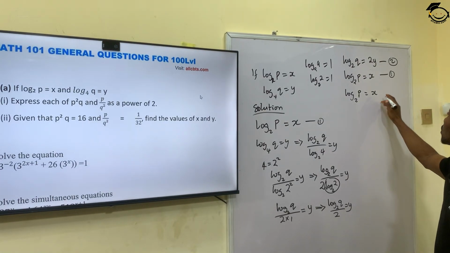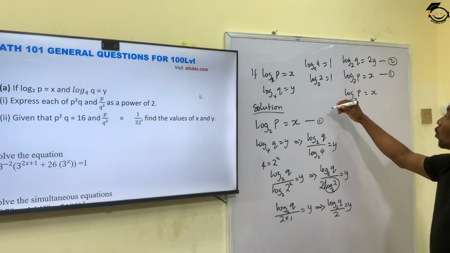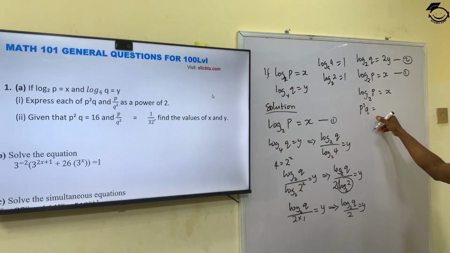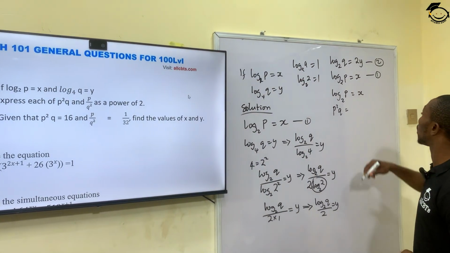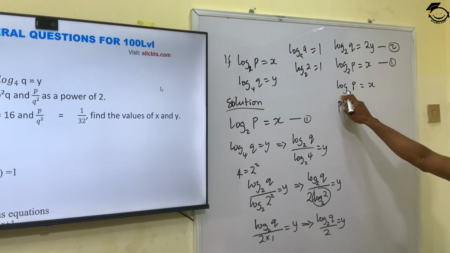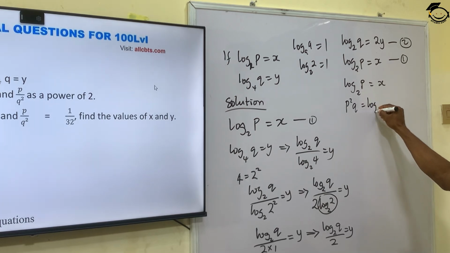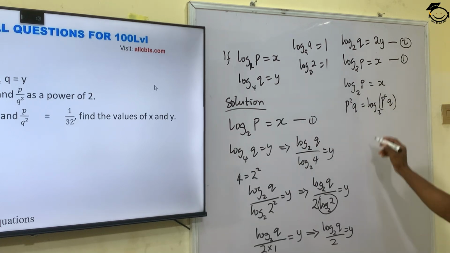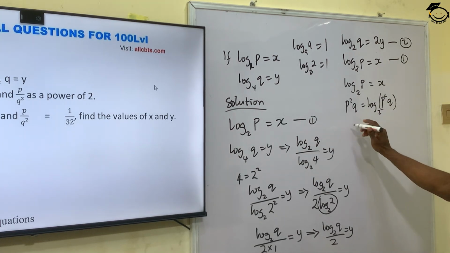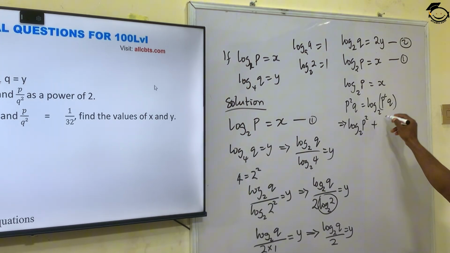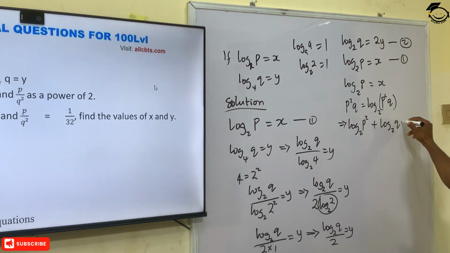For us to do this, we will be equating from our question. It says make p squared q a power of 2. So this will give us log₂ p squared q. From here, we can separate this log to give us log₂p squared plus log₂q, since it's multiplying. Bringing down the power gives 2 log₂p plus log₂q.